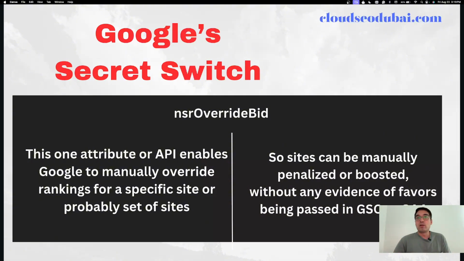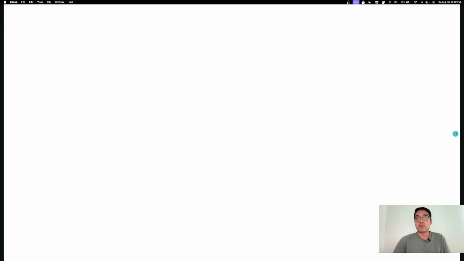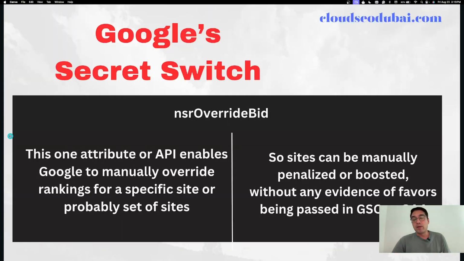Now, whether or not Google is using it, well, that's a controversial question. But I'm going to say that Google is using it, but it's not being used widespread. I think it's mainly a manual reviewer that sees that maybe a site is pushing misinformation, and that is what's being overridden. And so Google needs to have the ability to do that. But there could be other reasons for it, which I obviously am not aware of. But this is how the Google secret switch works.